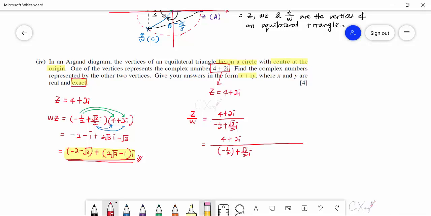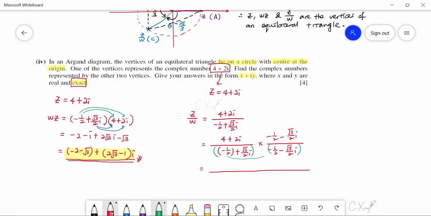Okay, so to rationalize it, you need to multiply, right? So multiply what? Multiply negative half minus square root 3 over 2i. This one also the same, negative half minus square root 3 over 2i. So you need to be extra careful when you want to expand everything here. You have two brackets at the bottom.